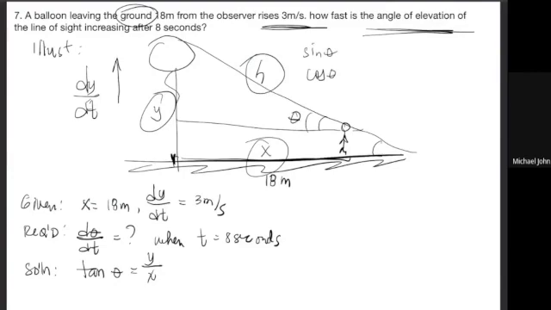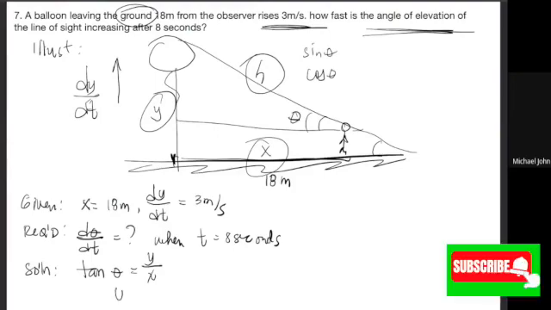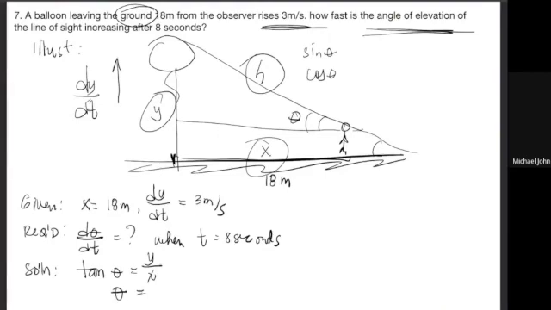If we are going to derive this, how do we start, class? Or we solve for theta. Tangent theta is y over x. Solving for theta, we have arctan of y over x.